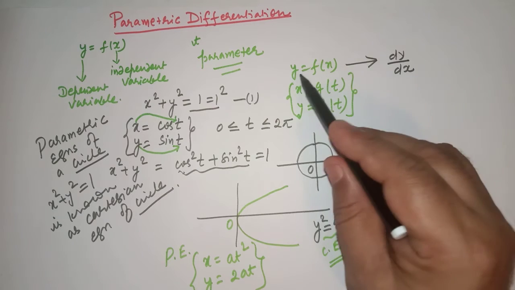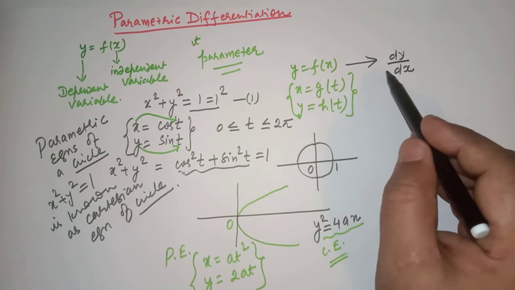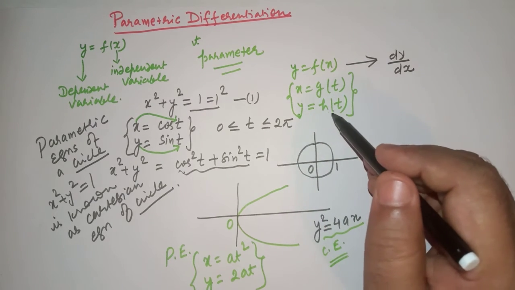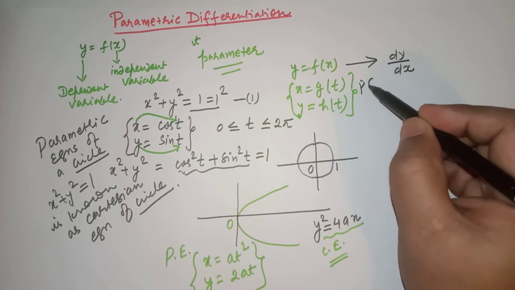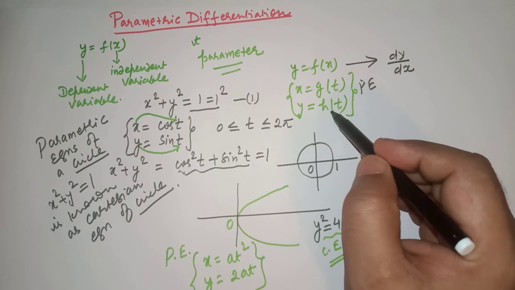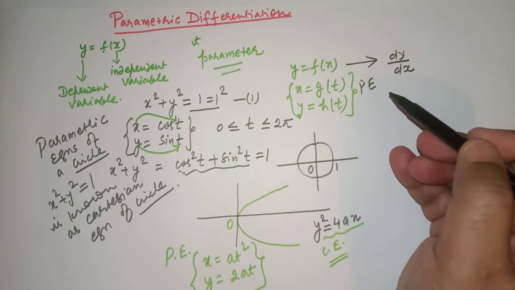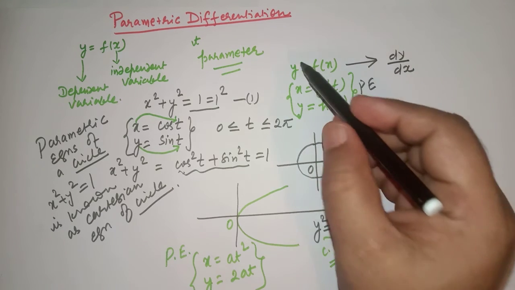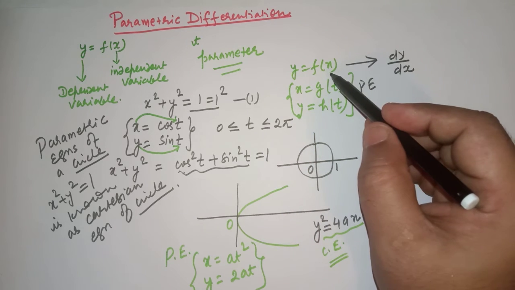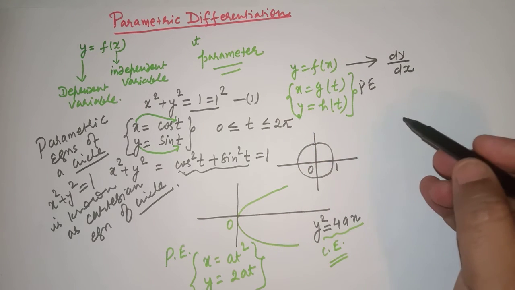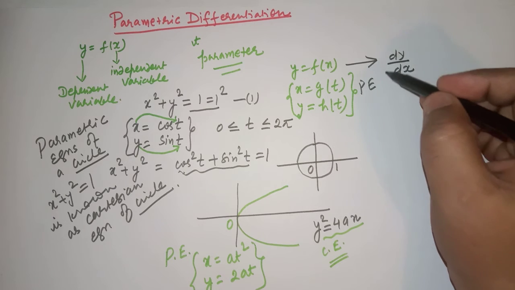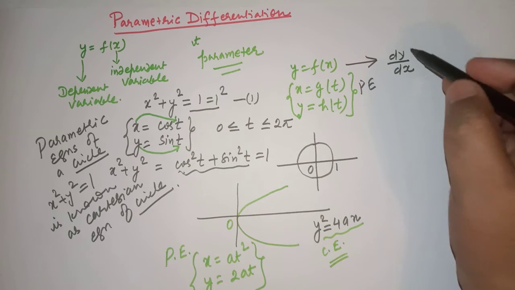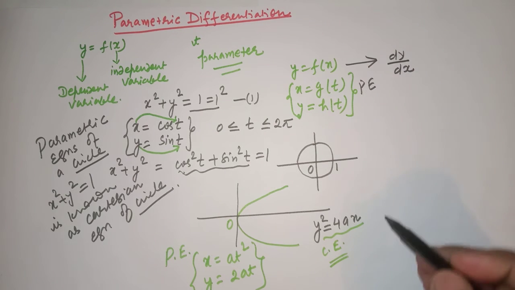Now suppose instead of a Cartesian equation, we are given the parametric equations, then how do we find the parametric differentiation of y with respect to x, or we can say, how to find this derivative dy over dx.